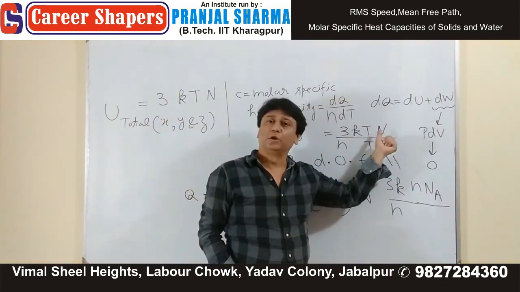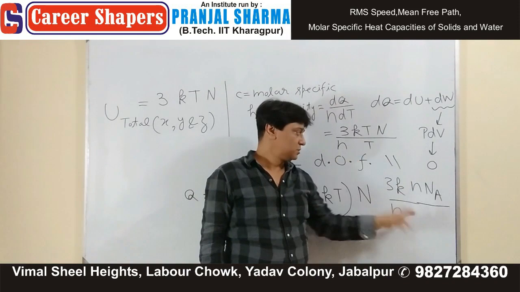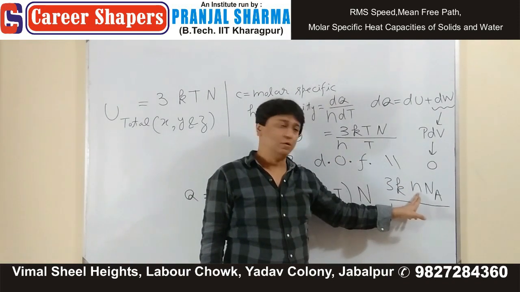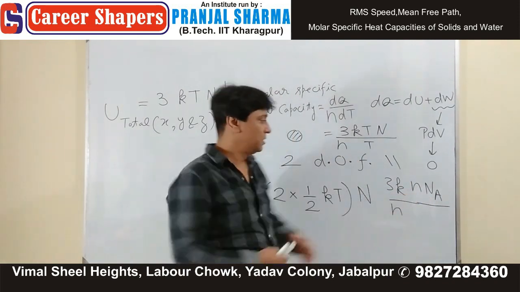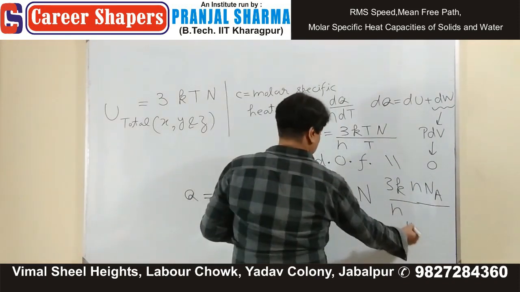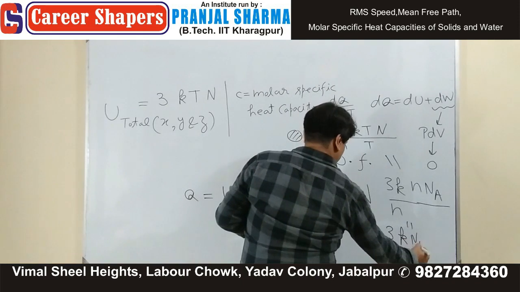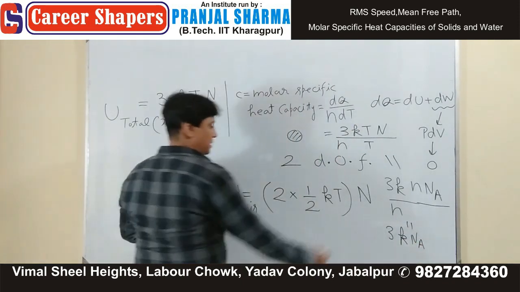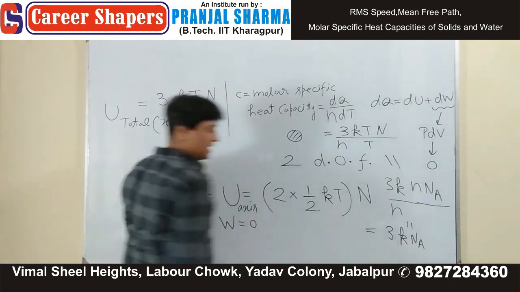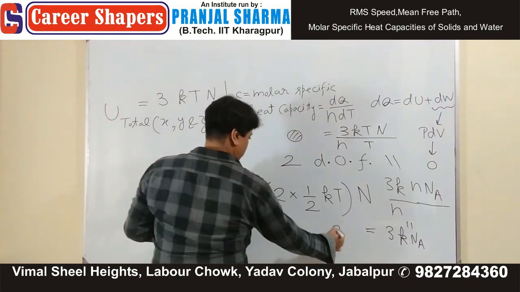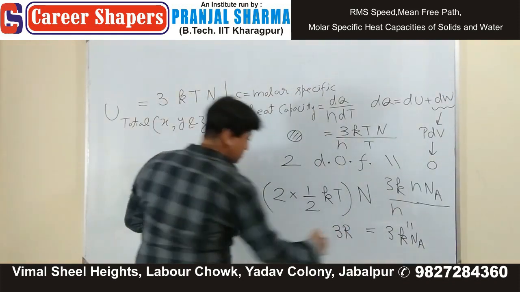How many molecules are present in n moles? n, the number of moles, multiplied by Avogadro number. This becomes 3k multiplied by Na. Boltzmann's constant multiplied by Na is the gas constant.